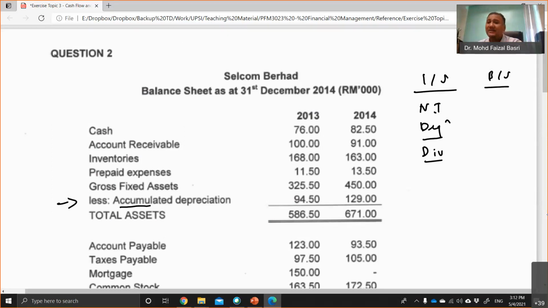So to get the depreciation for that particular year, we do depreciation year 1 minus depreciation year 0. So you need to find the difference between the 2 years. That will be the depreciation for the year. So you minus these two. 129 minus 94.5. So 34.5 would be your depreciation.